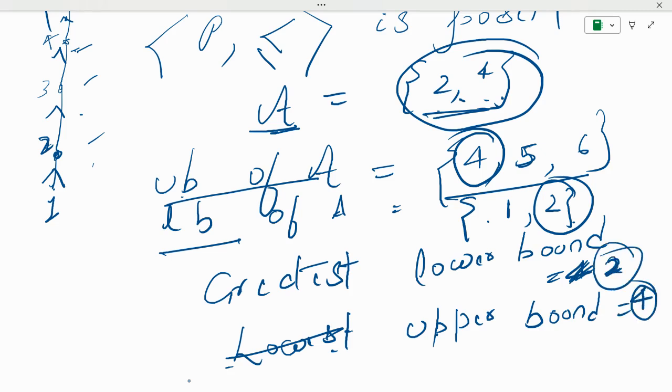We can calculate this from here. So for {2, 4}, 4 is the lowest upper bound, and 2 is the greatest lower bound.